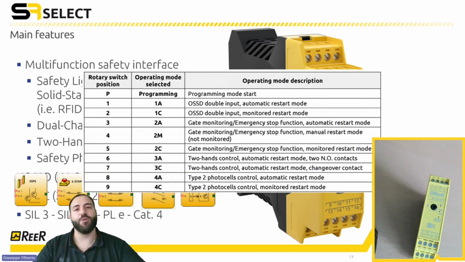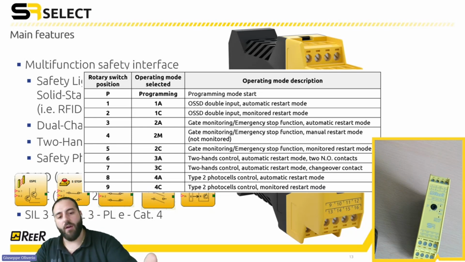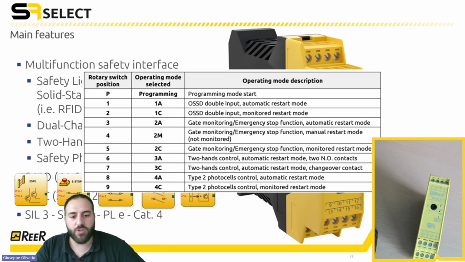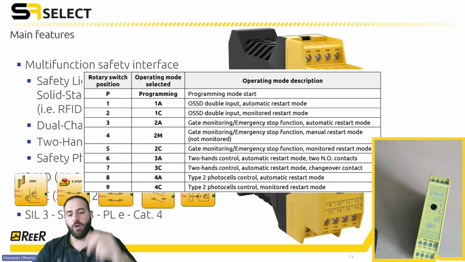From the commercial point of view, you don't need anything different than this SR Select, because if you have one of the operating modes that we described here, so an OSSD double input, automatic reset or manual reset, the emergency stop function, or the gate monitoring with manual or automatic reset, if you have a two-hands control, a type 2 photocell, with one code you are able to manage the signal from all these devices.